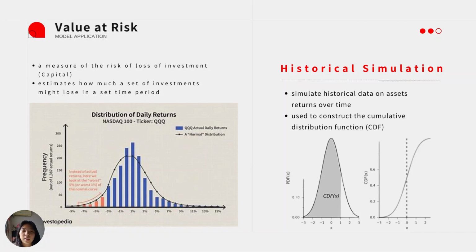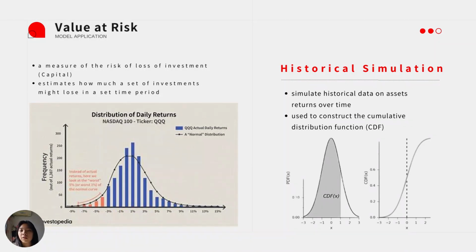For example, the left image shows the histogram of the distribution of daily returns on 1,387 specific daily returns. And we can then convert those data into the cumulative distribution function for daily return, which is also called CDF.